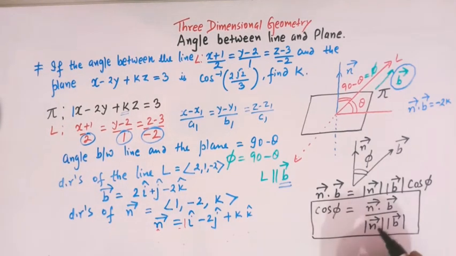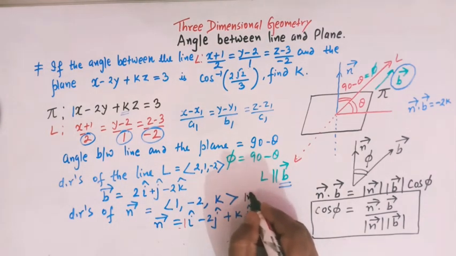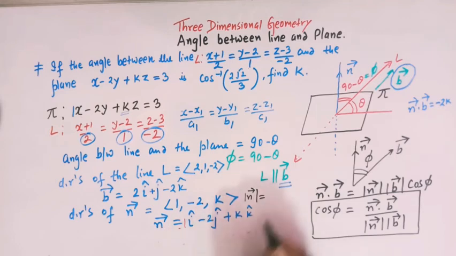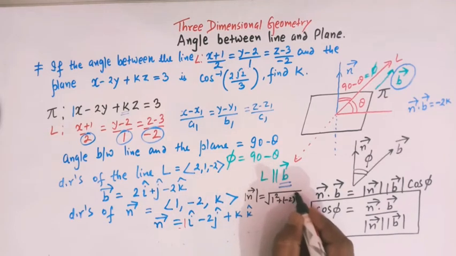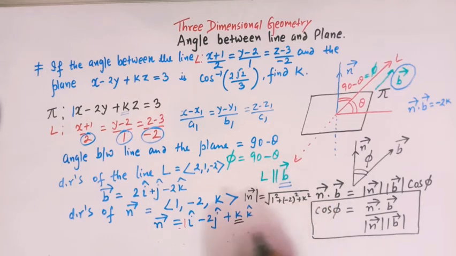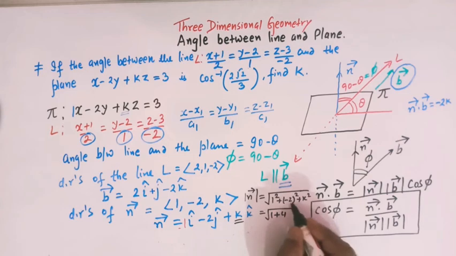Now let us calculate the magnitude of vector n. The magnitude of vector n is equal to the square root of 1 square, then minus 2 square, and then k square. So this is 1 plus 4, and here we have k square, so we have the square root of 1 plus 4, which is 5, plus k square.